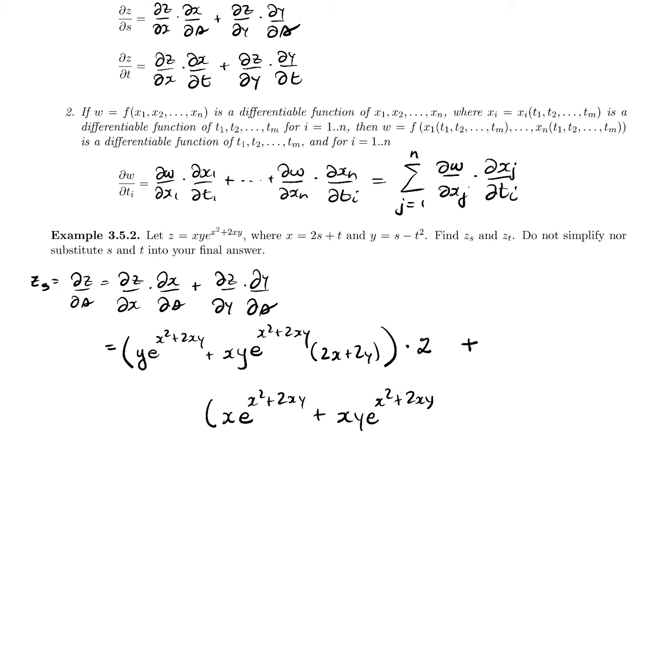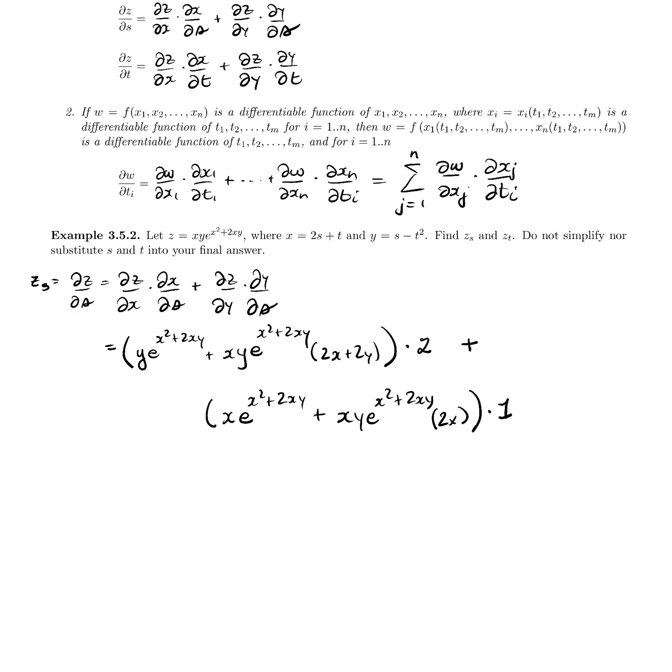Now we have to take the derivative of the exponent with respect to y, which is going to give us 2x. That is del z del y. Now we have to multiply by del y del s, and the derivative of the y function with respect to s is just 1. And so there is del z del s, or z sub s.